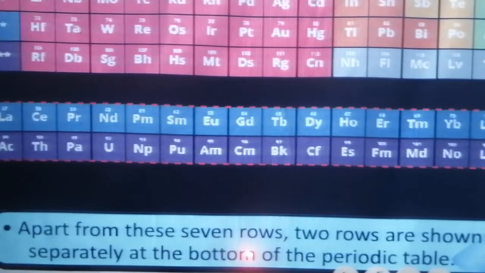Apart from these 7 rows, 2 rows are shown separately at the bottom of the periodic table.